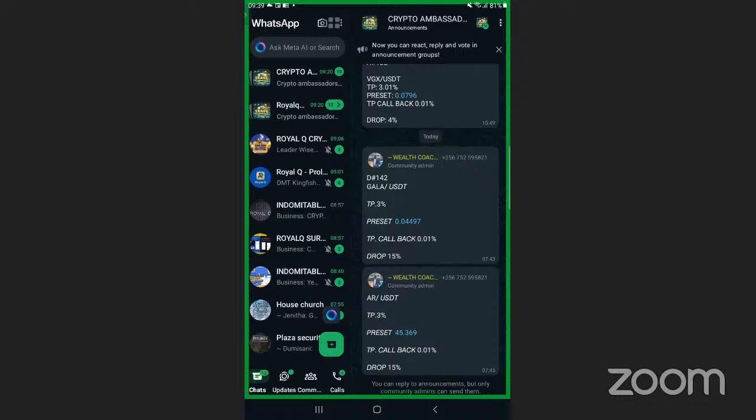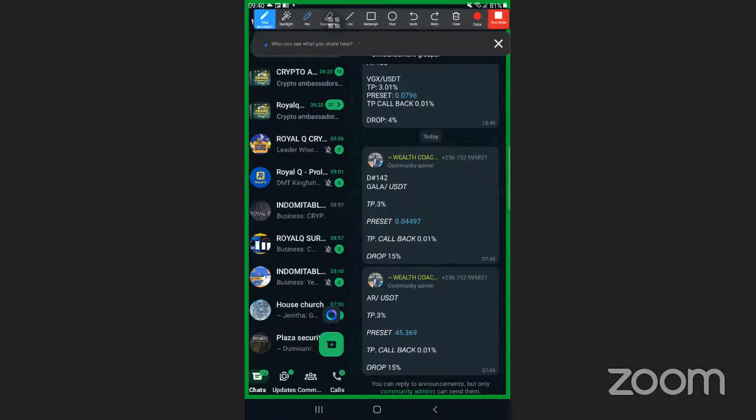Now, let me also emphasize one thing. These signals, they do have what we call a drop. When you look at the last part of the signal, there is a drop. Now, some of the signals, when it comes to the drop here, it is written bull run strategy on the drop.